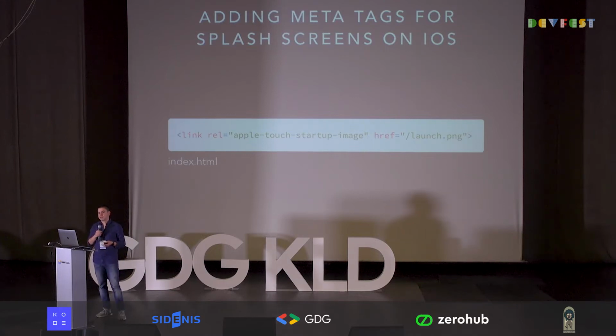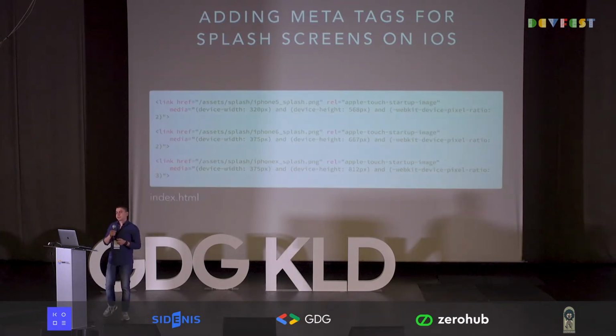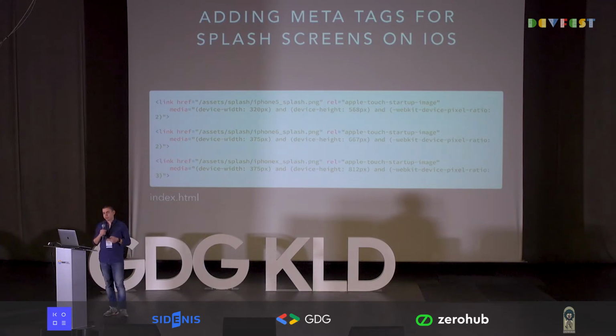Apple uses a custom link with a rel called apple-touch-startup-image to support splash screens for an app added to the iOS home screen, as you can see from this slide. In order to add a splash screen to your PWA on iOS, you must add a meta tag that points out an image for a specific resolution and orientation.